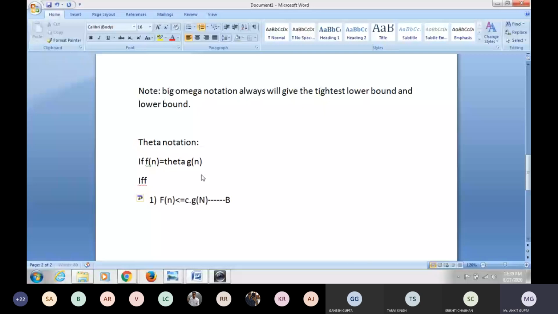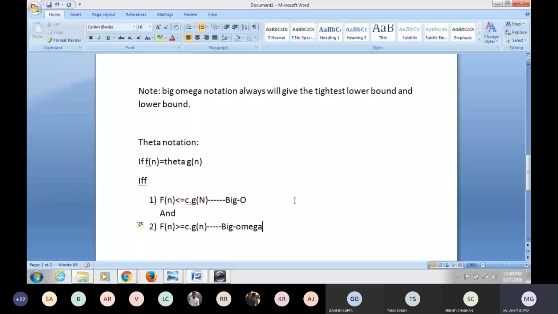Okay, that is big O. And the second notation is f of n greater than or equal to c into g of n. So it is the big omega notation. So the theta notation satisfies both big omega and big O.